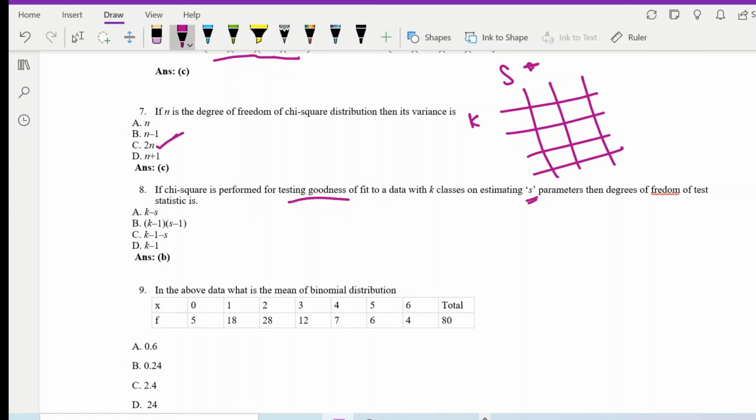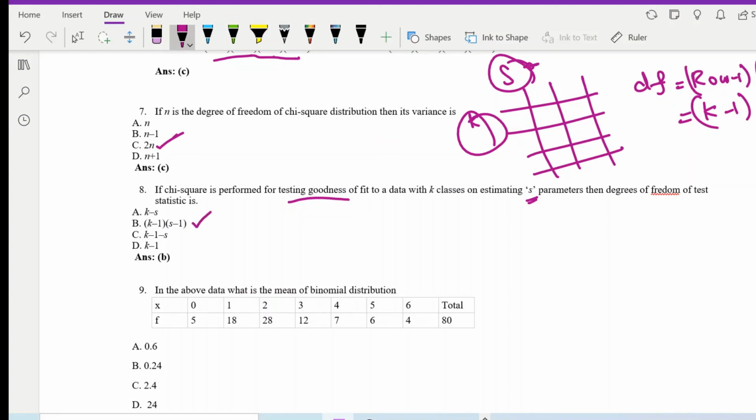So this is a test of independence of attributes. The degrees of freedom is row minus 1 into column minus 1. Here k represents the rows, so k minus 1, and columns are represented by the parameter s, so s minus 1. Our answer is k minus 1 into s minus 1.